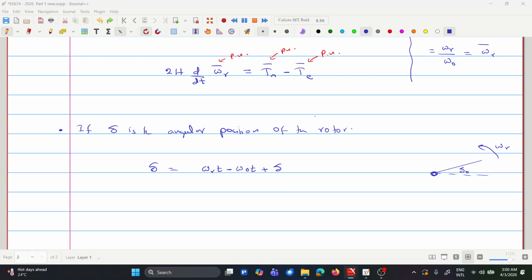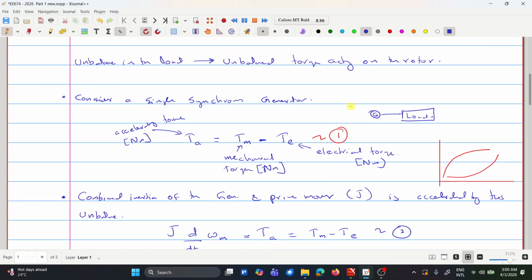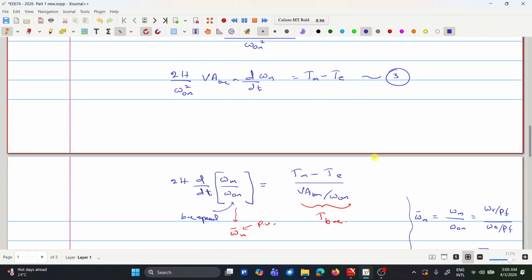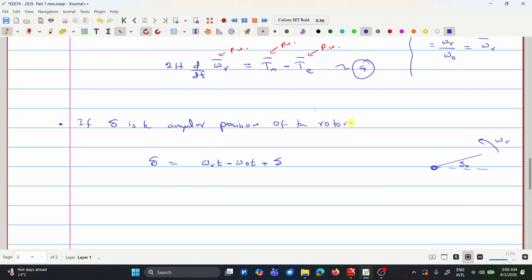Okay, so now we have here the d omega r over dt in our equation. Let's say this is our equation number 1, 2, let's say this is 3 and this is 4. Okay, so from our equation 4 we have d over dt omega r.